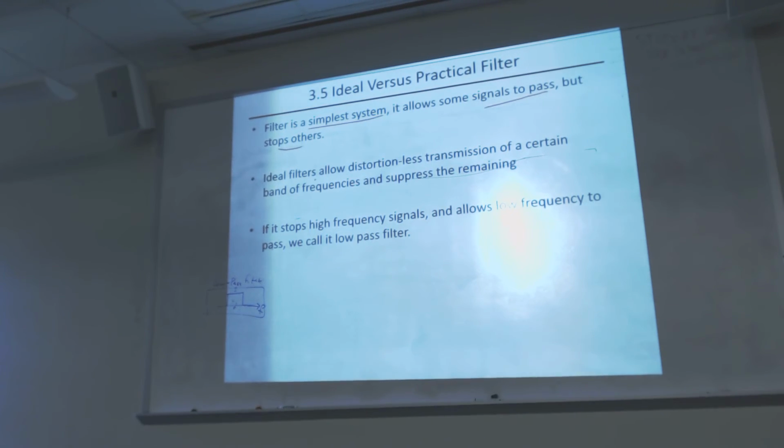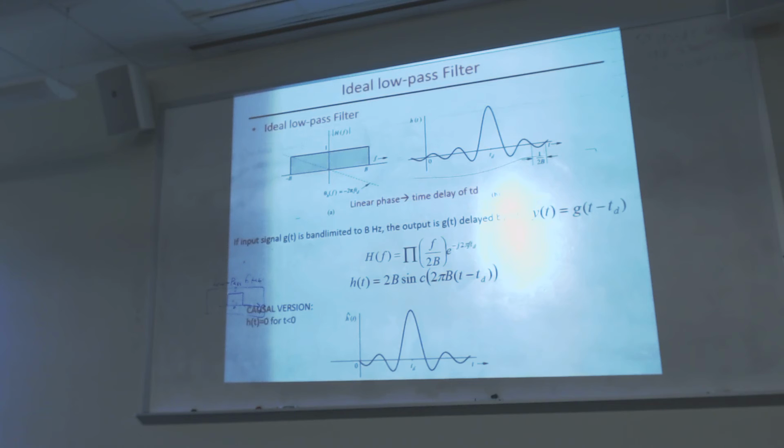So filters allow distortionless transmission of a certain band of frequency. If you're in this range of frequency, what you see is just a gain of 1, so the signal passes through, like a distortionless system for those frequencies. We have low pass, high pass, and band pass filters, different types of filter.